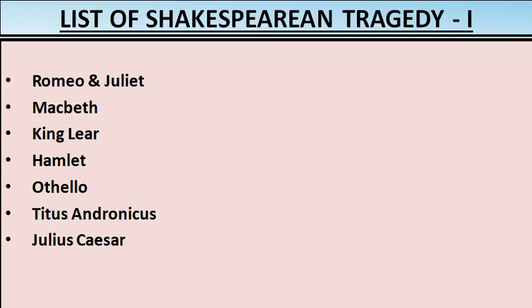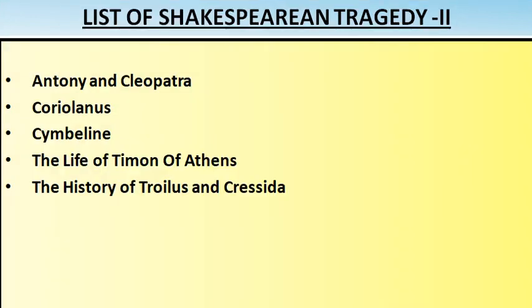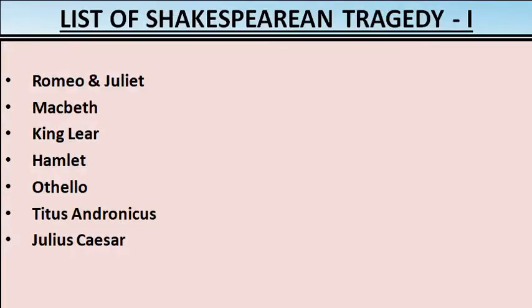Next one is Julius Caesar. So these are all the greatest Shakespearean tragedies, and in this list, Macbeth, King Lear, Hamlet, and Othello are considered the major greatest tragedies of William Shakespeare. So the questions are frequently asked from these plays of Macbeth, King Lear, Hamlet, and Othello.